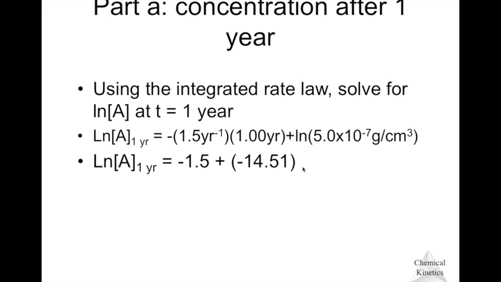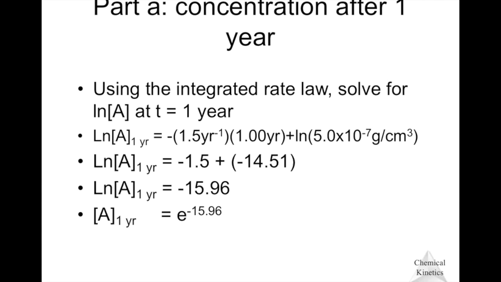And so you end up getting the natural log of the concentration of A at 1 year is negative 1.5 plus negative 14.51, so negative 15.96. And then to go from here, you use that little e button on your calculator. That's the inverse of the natural log. So e to the negative 15.96 equals your concentration after 1 year: 1.2 times 10 to the negative 7 grams per centimeter cubed.